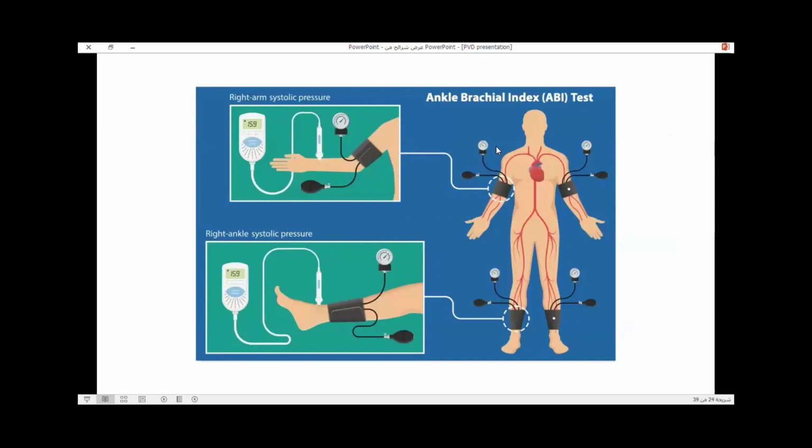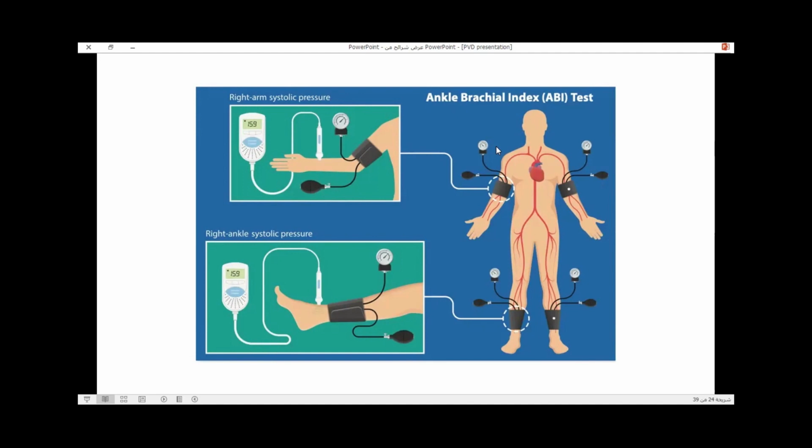And this is how to do the ABI. We take the systolic blood pressure reading in the brachial artery, usually in both arms, and take the highest reading for systolic. And for the ankle, we assess above the ankle joint, the systolic reading also.